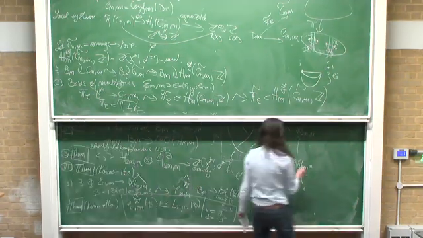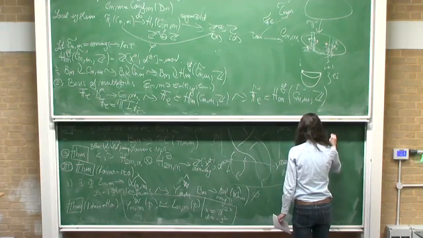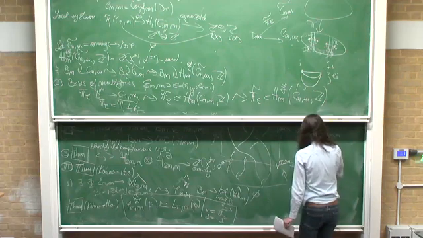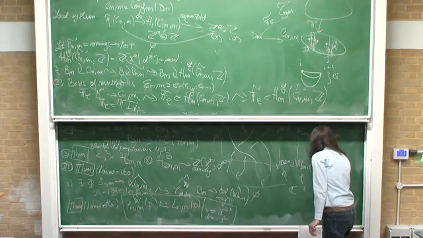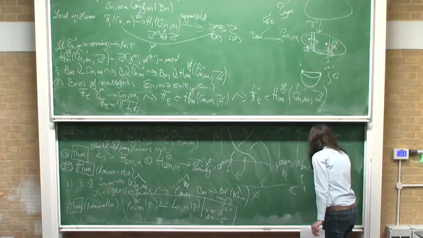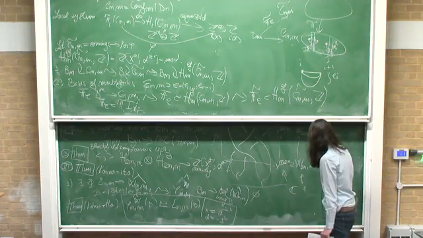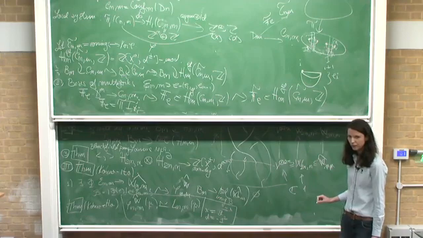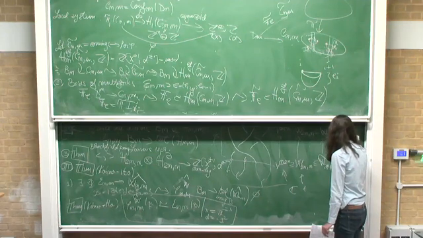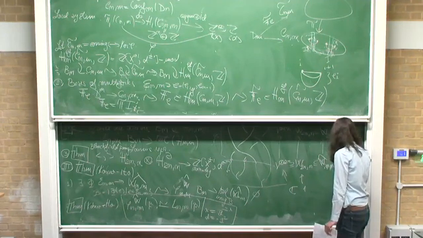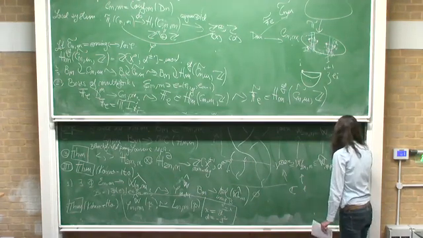For example, if we take W_{2,n} hat, this theorem tells us that the action of the braid group here is the same as the action on the Lorentz representation, specialized.